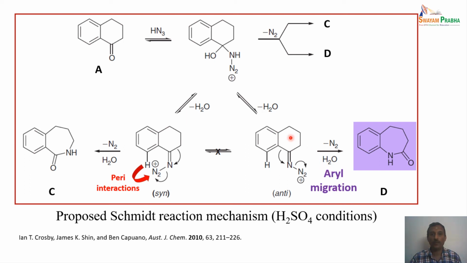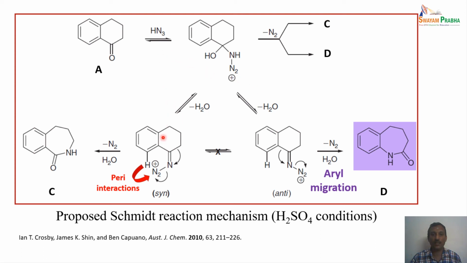Why does this happen? In the first step, the acid attacks this electrophilic carbon and this intermediate is formed, and this intermediate loses nitrogen to produce either C or D.